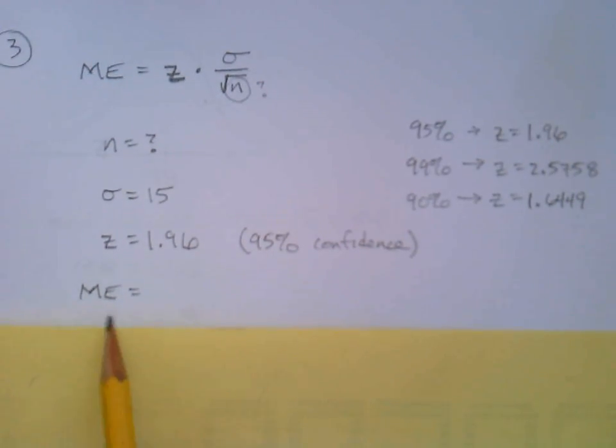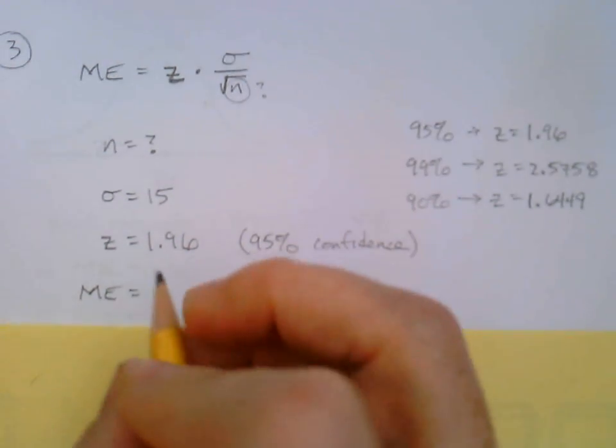All right, finally, they tell us the margin of error. What is the margin of error in this situation? Well, there's only one other number left, right? It says in the question, find the 95% confidence that the sample mean is within 3 IQ points.